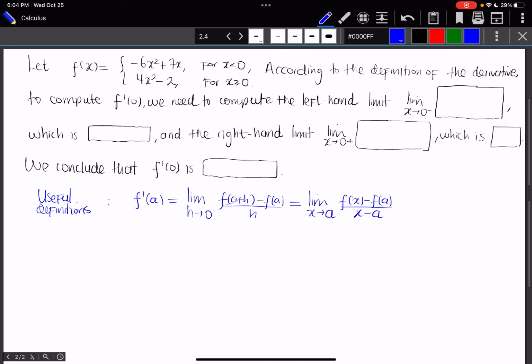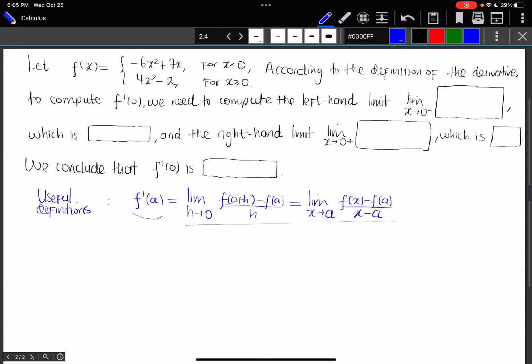Now, to work with this problem, we need to remember the definition of the derivative. f prime at a number a is equal to two things that are equivalent. We have the limit as h goes to 0 of f of a plus h minus f of a over h. And that's the same as the limit as x tends to a of f of x minus f of a over x minus a.